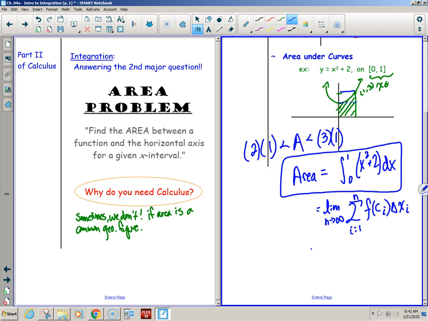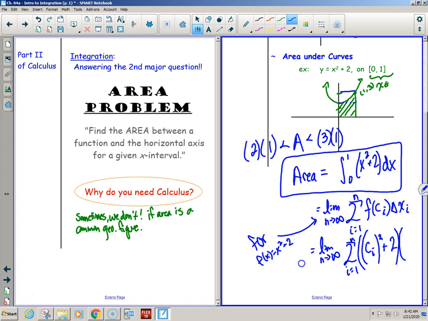And even better, I could say that this is the limit as n goes to infinity of the sum from i equals 1 to n of c sub i squared plus 2 times delta x sub i. And I'll leave it right there for now.